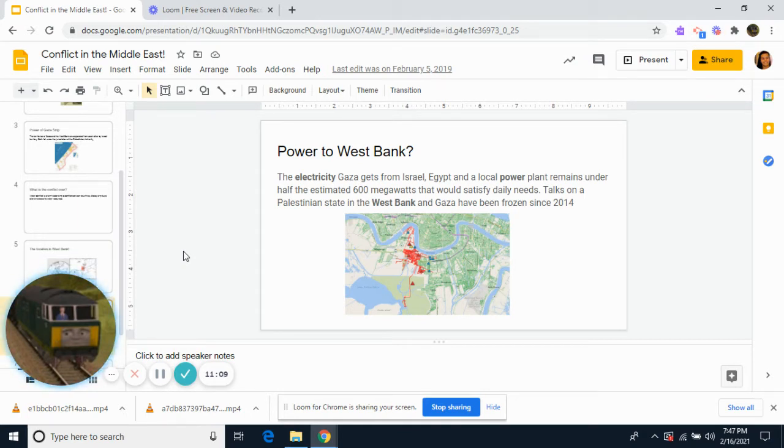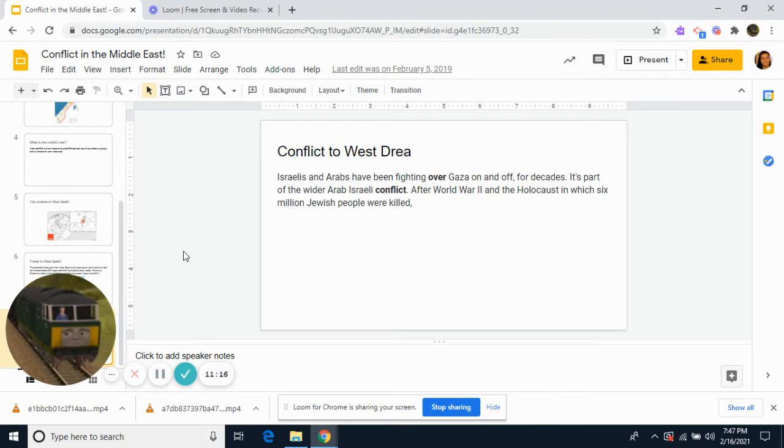Talks on a Palestinian state in the West Bank and Gaza have been frozen since 2014. Israelis and Arabs have been fighting over Gaza on and off for decades. It's part of the wider Arab-Israeli conflict after World War II and the Holocaust, in which 6 million Jewish people were killed.